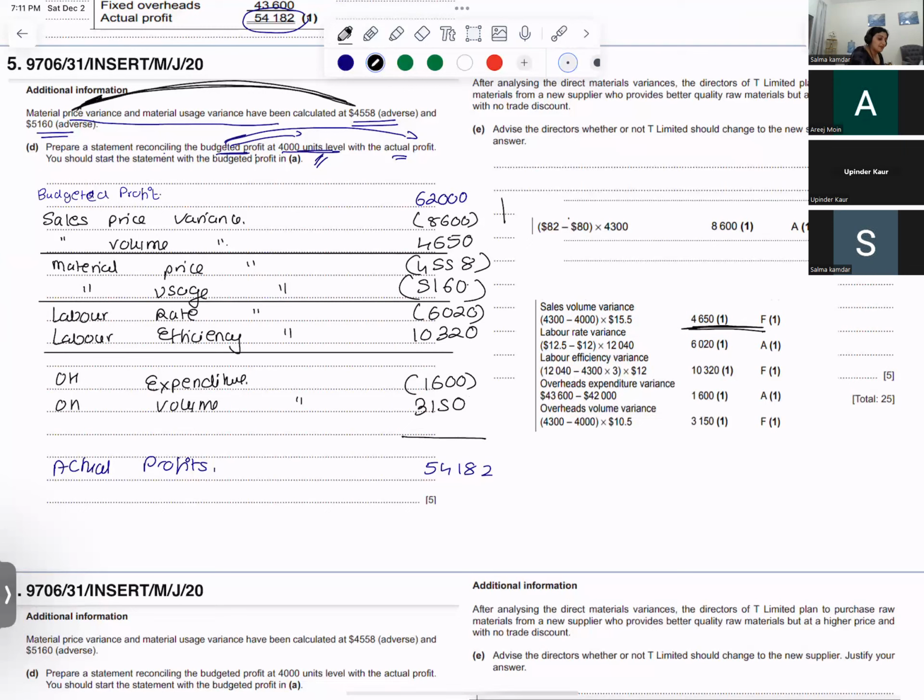When you do all this plus and minus, you should arrive at this figure. That means you have stated all the reasons reconciling why there was a difference between your budgeted profits and actual profits. Calculate, please. Are you coming up to 54,182?